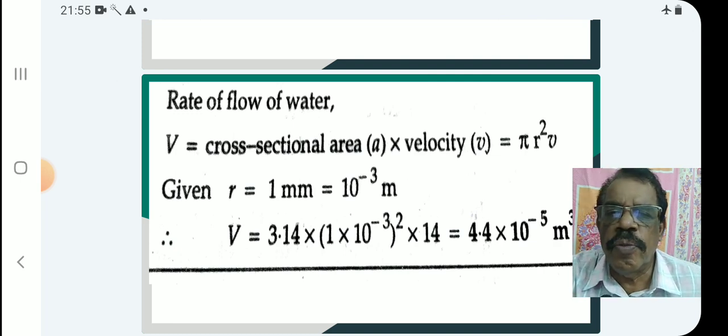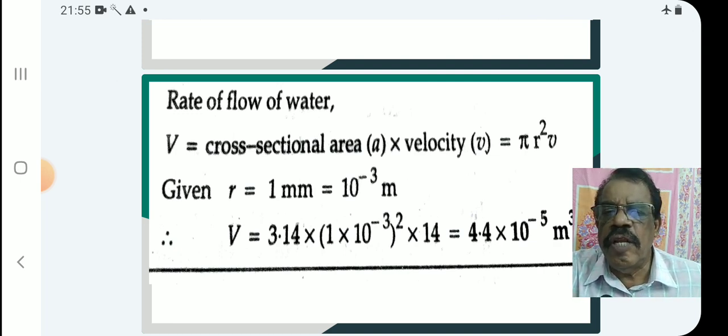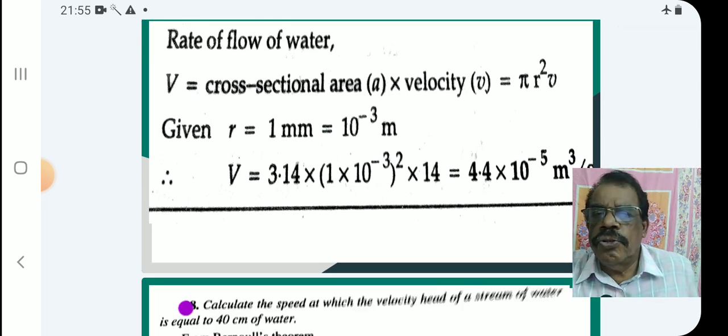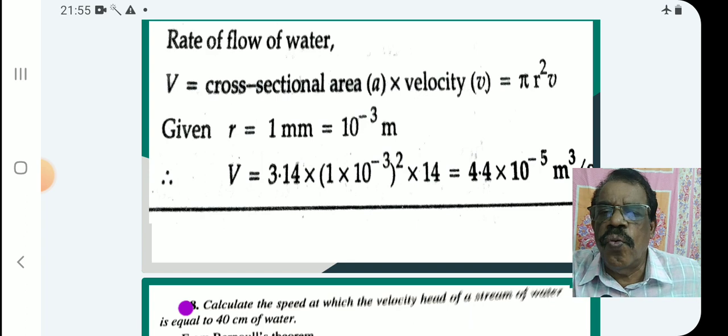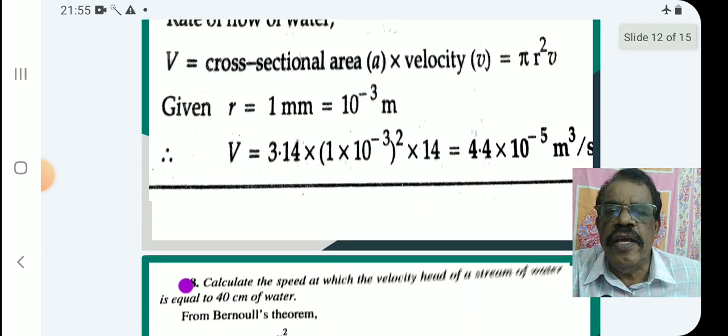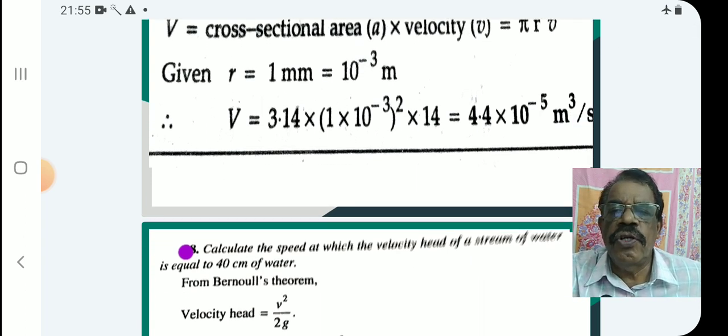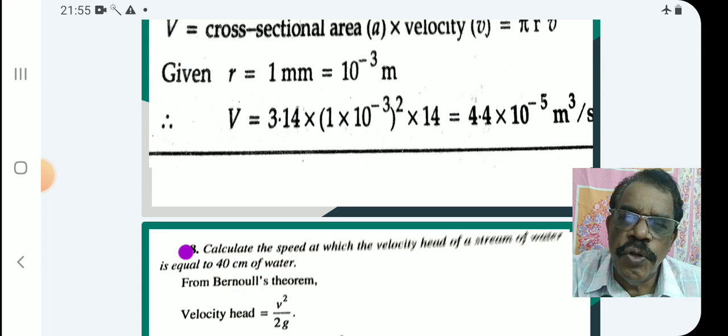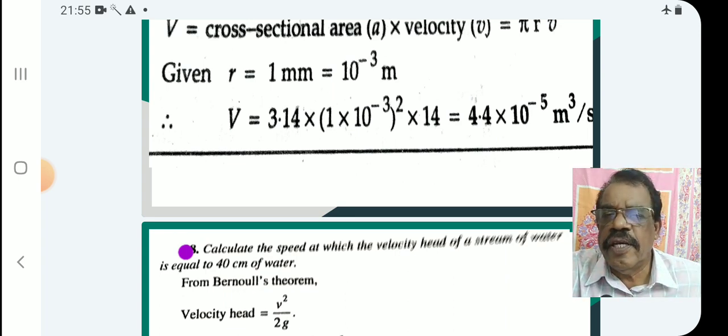Rate of flow is pi r square into V. R is 1 millimeter, 10 raised to minus 3 meter. So the answer is 3.14 into (1 into 10 raised to minus 3) square into 14, that is 4.4 into 10 raised to minus 5 meter cubed per second. Meter cubed per second is the rate of flow. You remember, the unit of rate of flow is meter cubed per second.